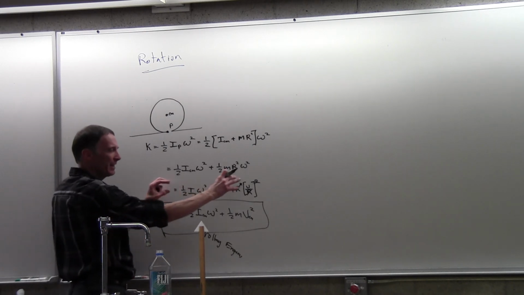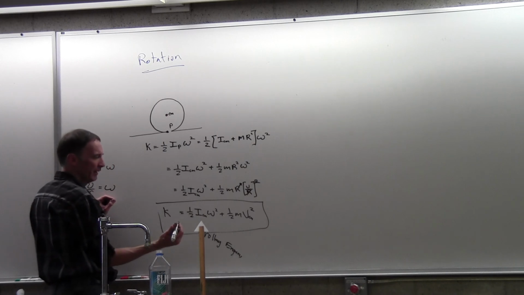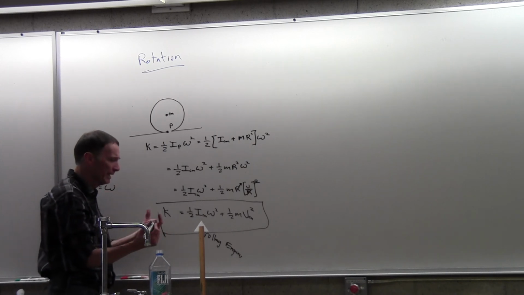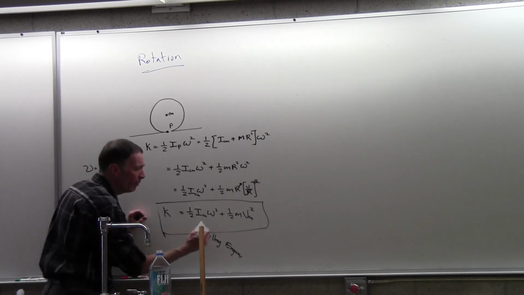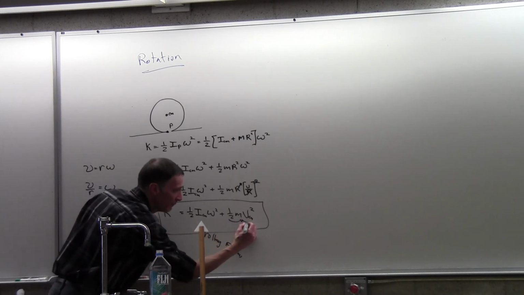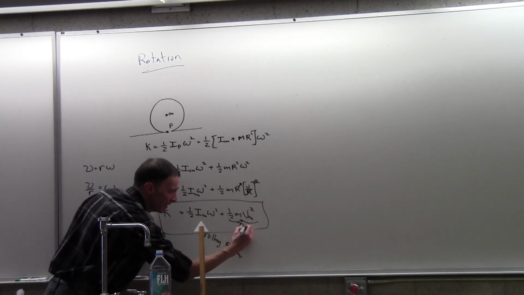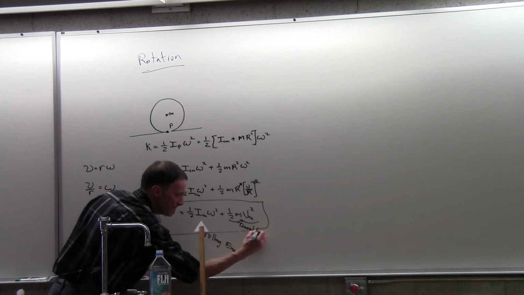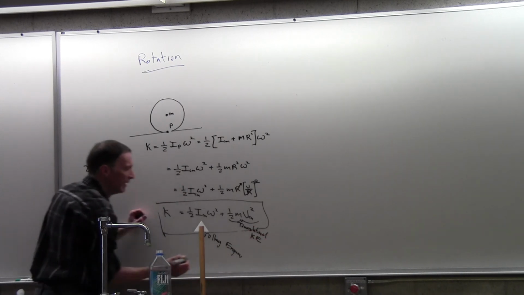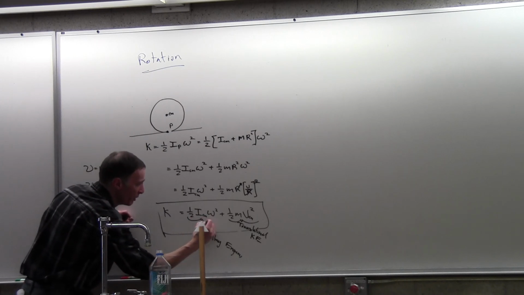It's really kind of a mathematical trick that we've done with the parallel axis theorem, but it's really handy. We call this motion, 1/2 mv squared, the translational kinetic energy, and we call this term the rotational kinetic energy.